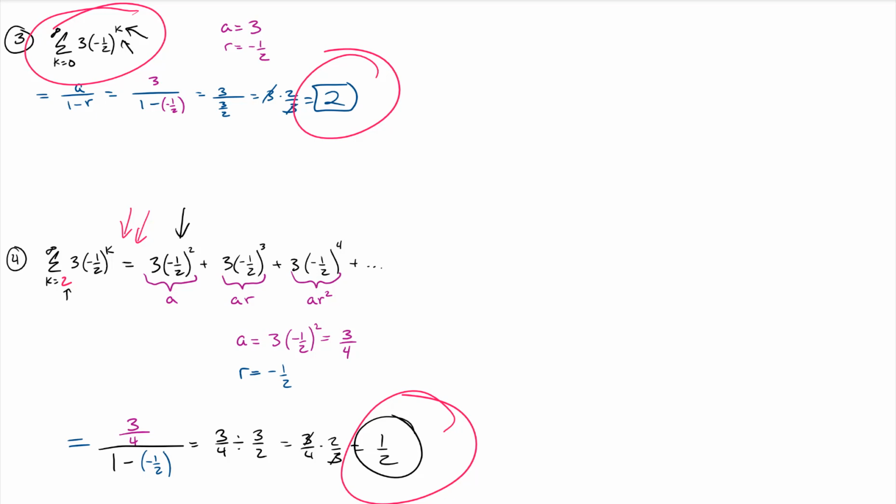What's the difference between 3 and 1.5? It's 1.5. How much smaller is 1/2 than 2? It's 1.5 smaller. We just took out the first 2 terms that we're adding up, so it ends up being a little bit smaller.